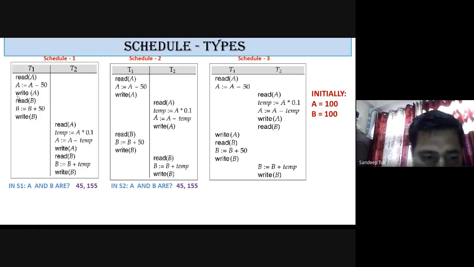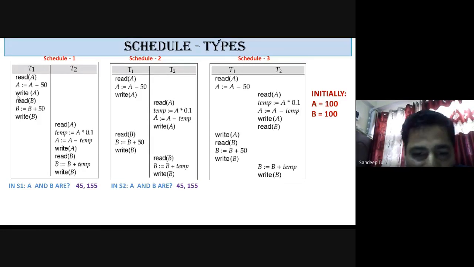हम ये नहीं कर सकते कि हम सीरियल ऑर्डर में एग्जीक्यूट करें. यदि हम सीरियल ऑर्डर में एग्जीक्यूट करेंगे तो हमें रिजल्ट तो सेम मिल जाएगा, लेकिन हम ऑप्टिमाइज नहीं होंगे. आप समझ रहे हैं? It may take more time, it may take more resources of the systems. So in order to avoid these complexities, we need to make some kind of schedules that may be non-serial and will produce the same results as required by the user or as required by the programmer.